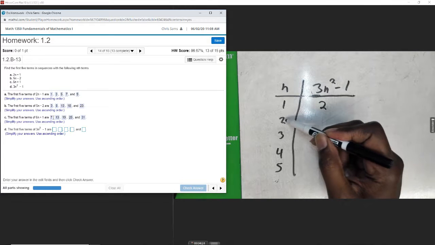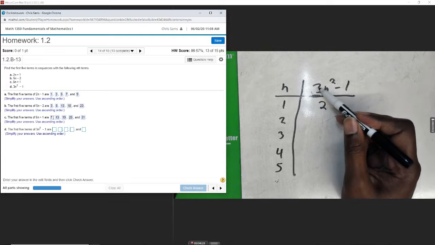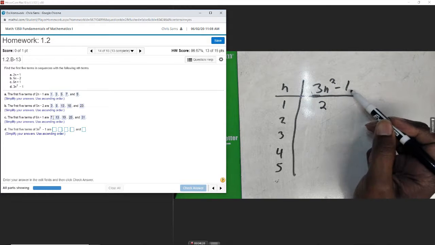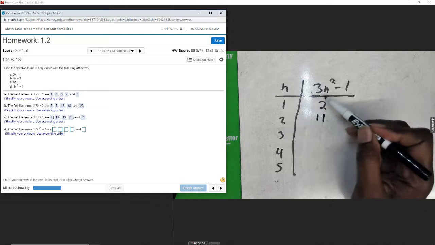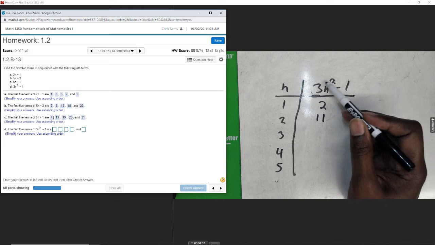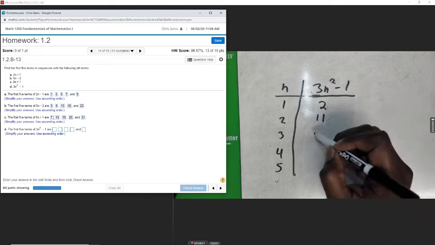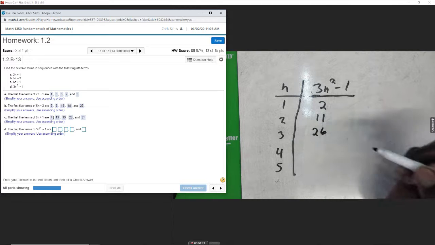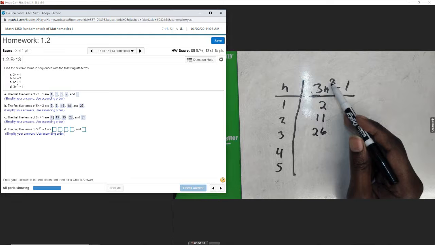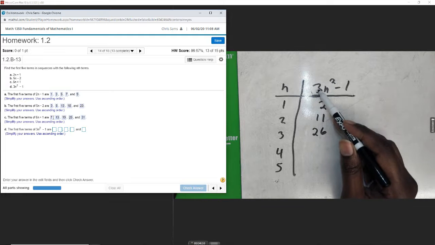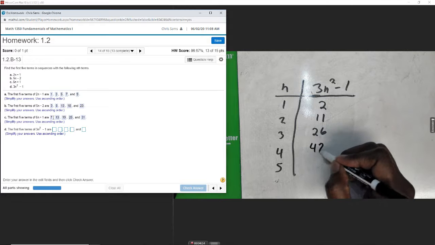Okay, so now we're going to do 2 squared. It's going to give us 4. 4 times 3 is 12, minus 1 is 11. 3 times 3 is 9. 9 times 3 is 27, minus 1 is 26. 4 squared is 16. 16 times 3 is 48, minus 1 is 47.